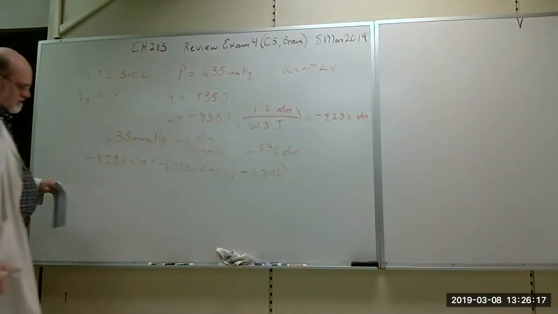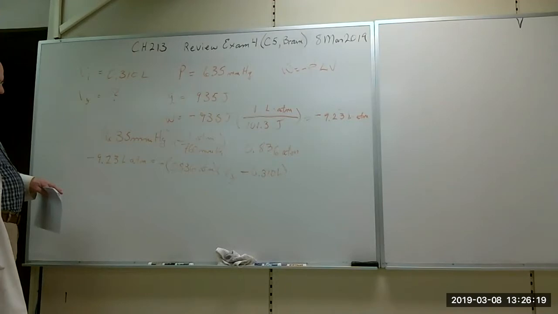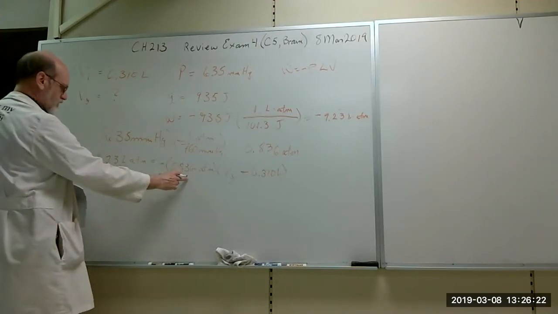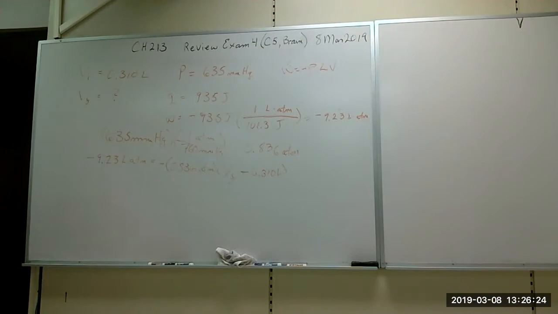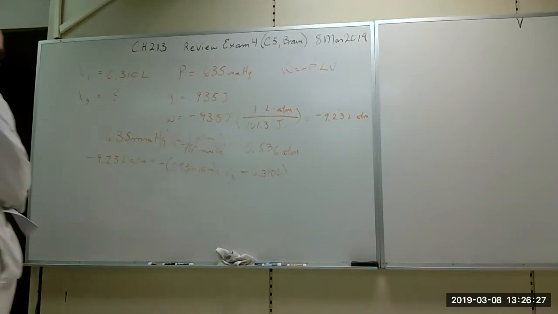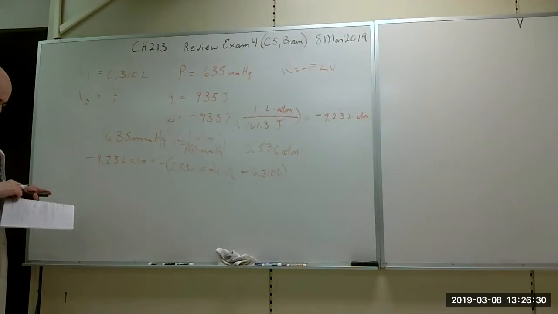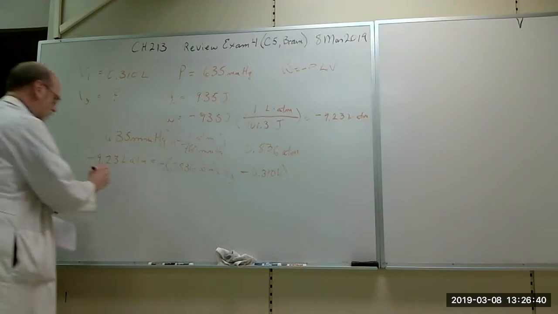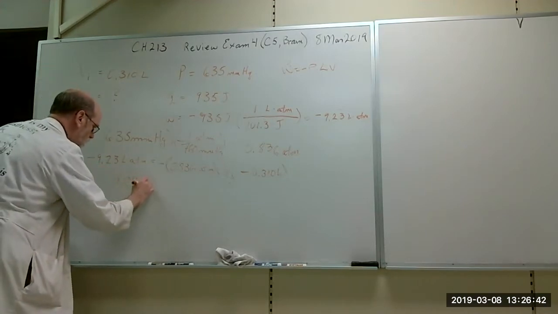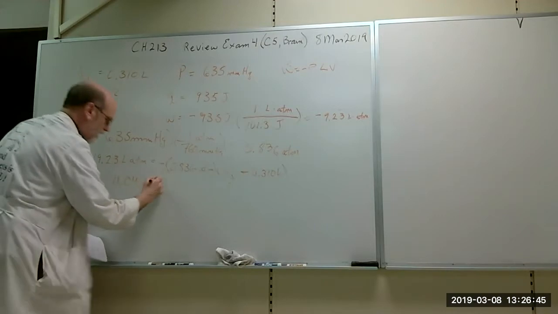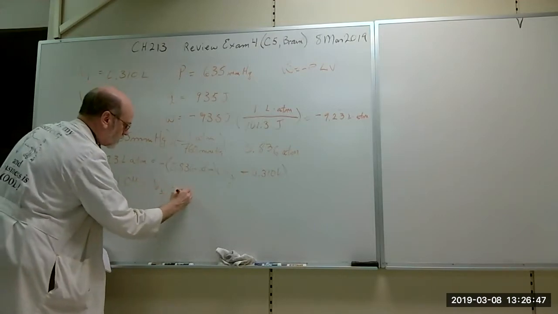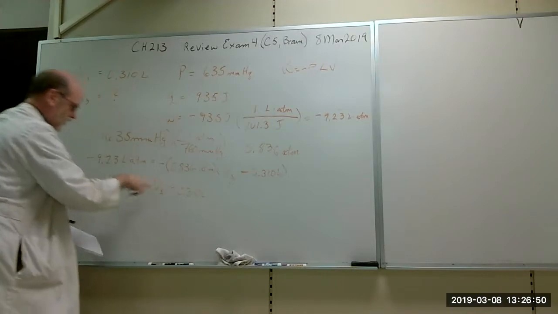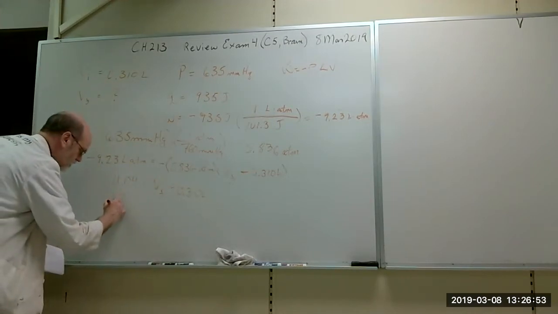So this is going to be, let's see, if we take this one and divide it into that one, 9.23, and they're both negative, so we come out with a positive answer. I get 11.04 on that side, and then V sub F minus 0.310 on this side.